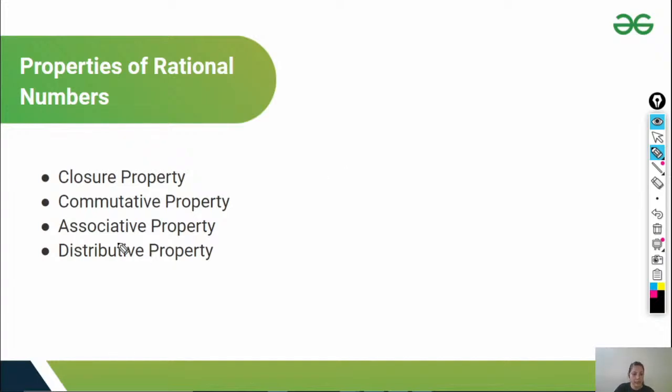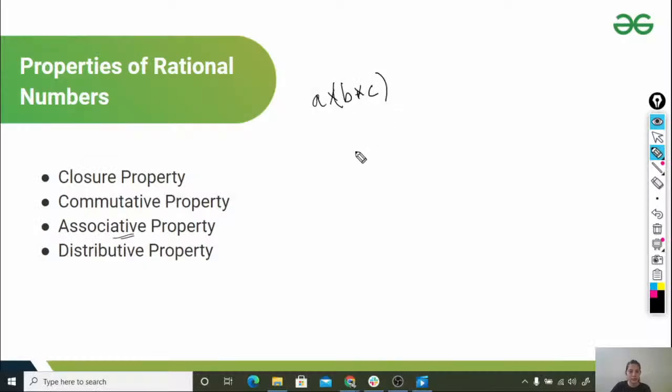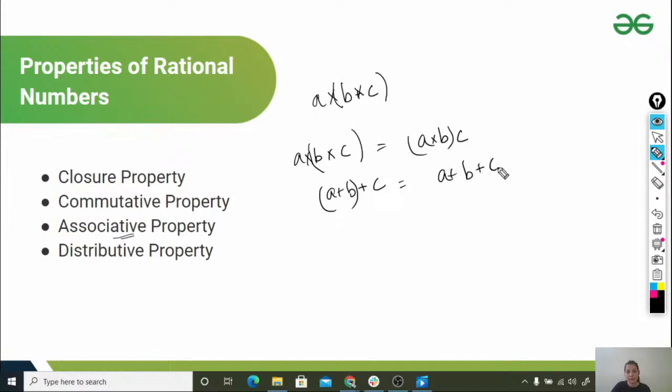Now, let's speak about the associative property. So, according to the associative property, A into B into C can be written as A into B into C with the grouping changed, or we can say A plus B plus C can be written as A plus B plus C with the grouping changed.